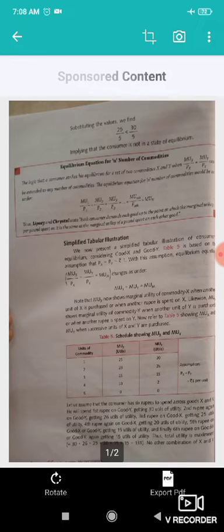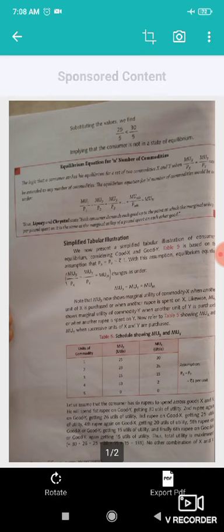The logic that a consumer strikes his equilibrium for a set of two commodities X and Y when MUX upon PX is equal to MUY upon PY can be extended to any number of commodities.